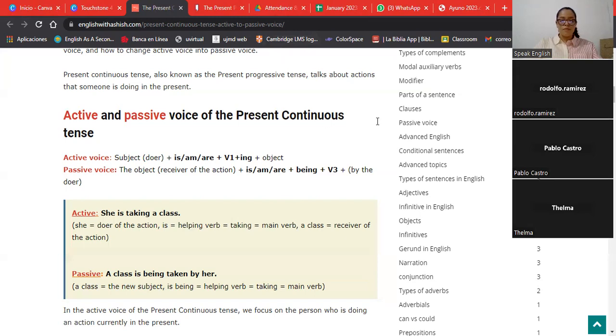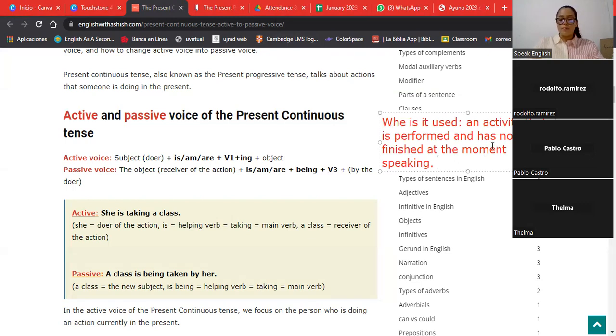We use present continuous when we are talking about an activity which is performed and not finished in the moment that we are talking about. At the moment of speaking. Okay, very good.